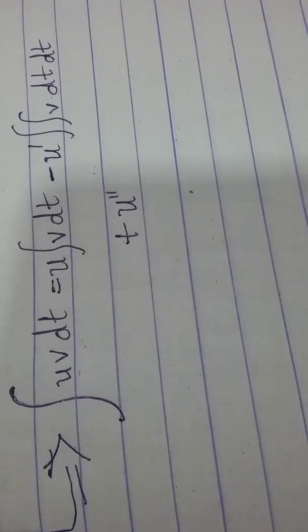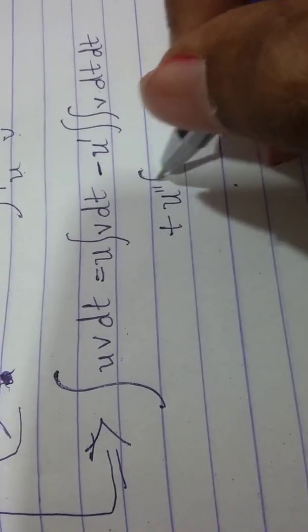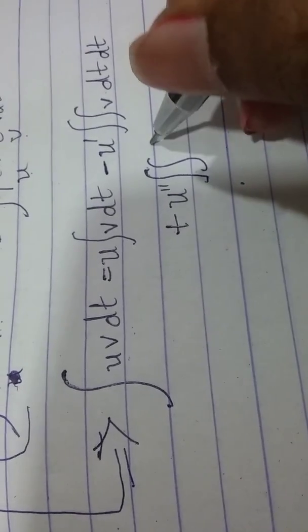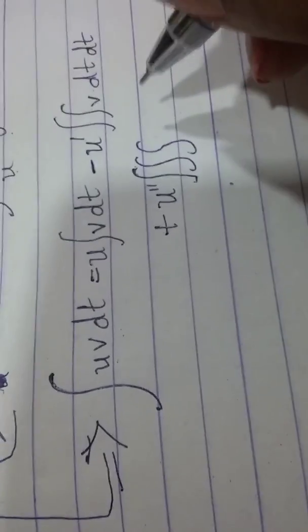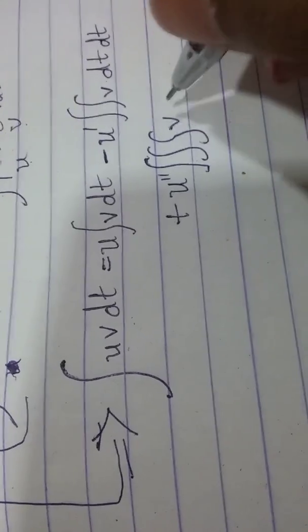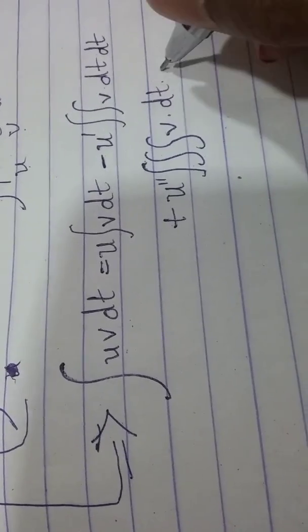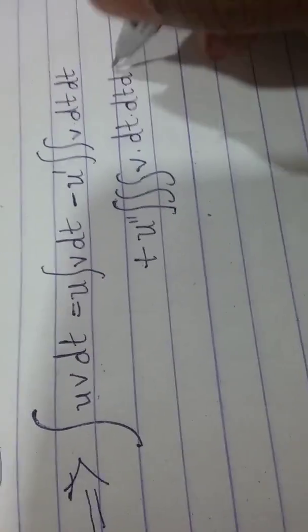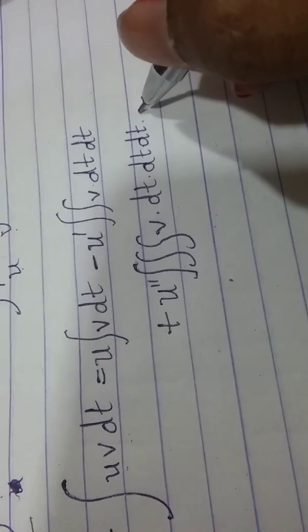Triple integral: first integral, second integral and triple integral, nothing but v into dt into dt into dt, minus, and so on.